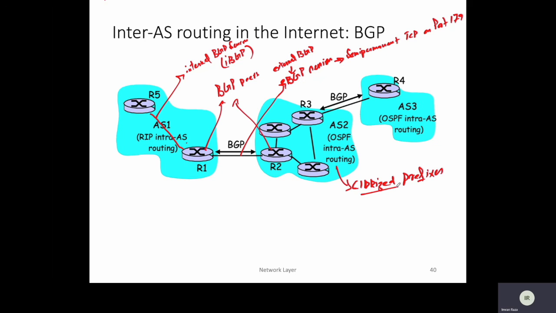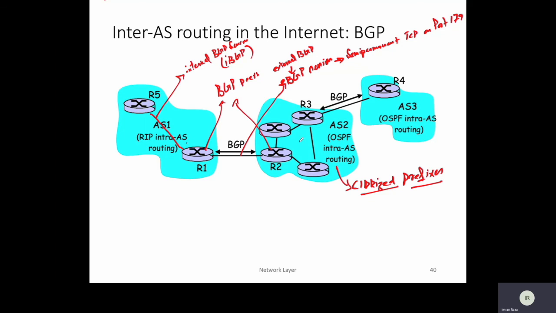Since it's based on classless inter-domain routing, we use subnetting based on CIDR. An autonomous system will share all the subnet prefixes, or it can advertise a single prefix to its neighboring autonomous systems, right?